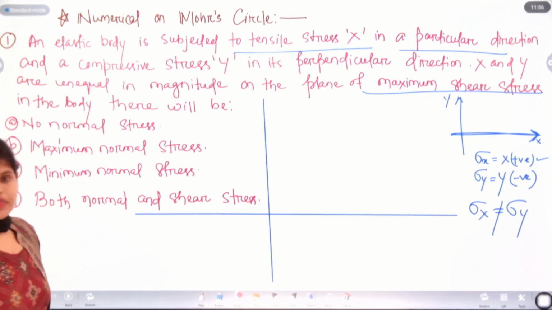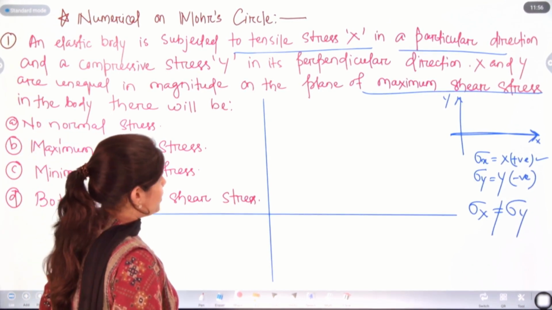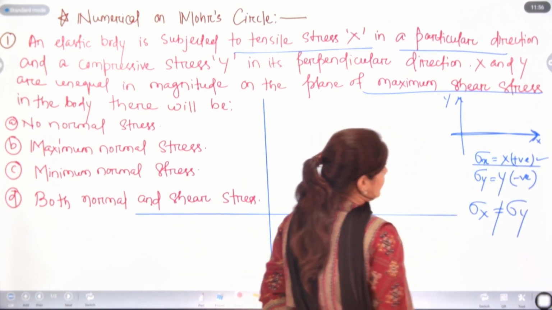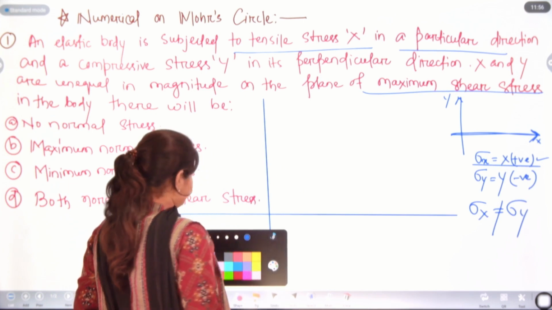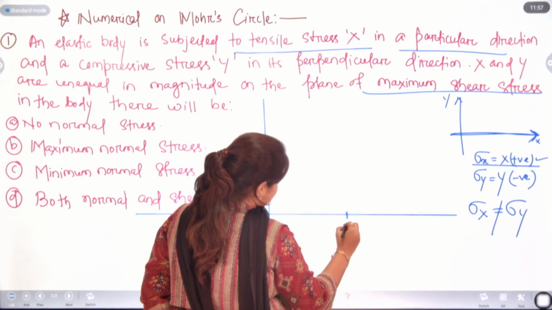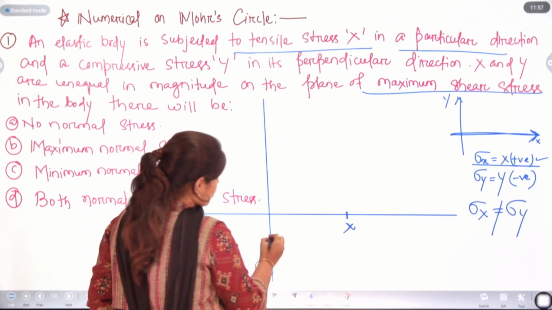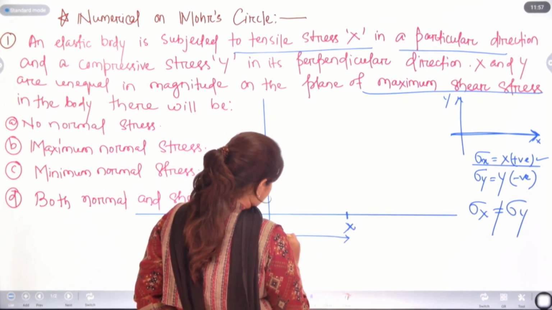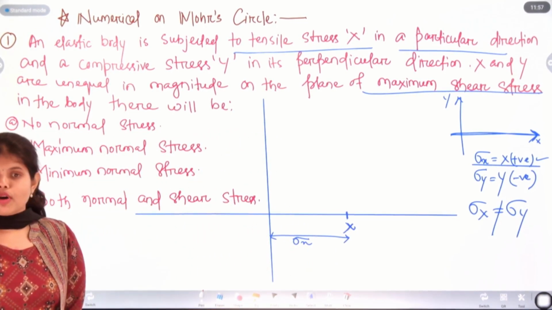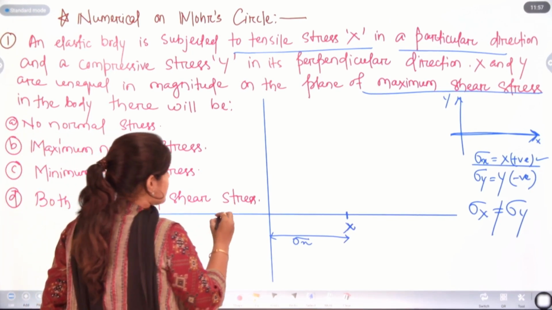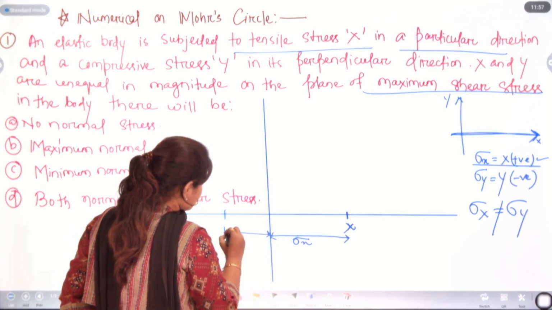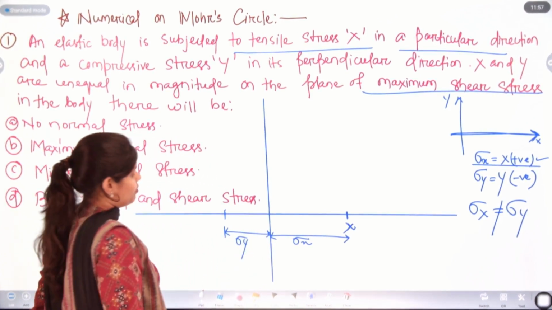Now it says sigma x will be on the positive side, so let this distance be up to sigma x. And sigma y is negative. Also, it says sigma x and sigma y are not the same. So, this is the sigma y value.